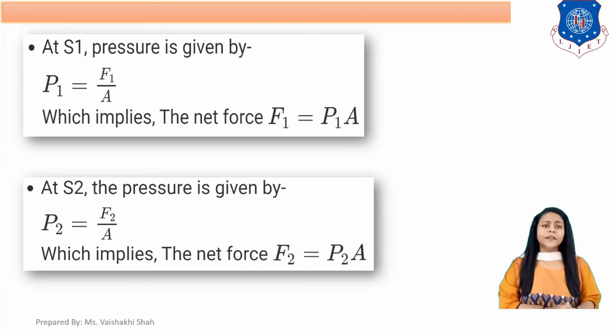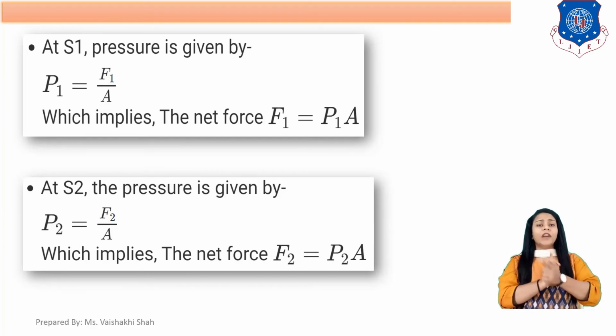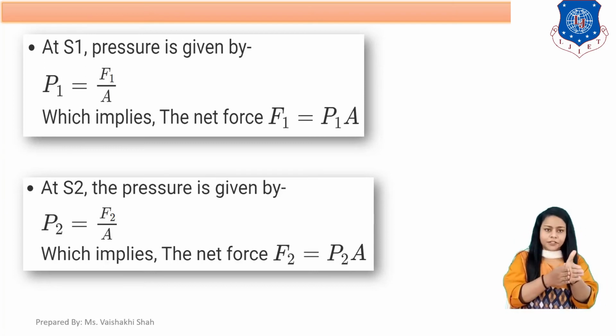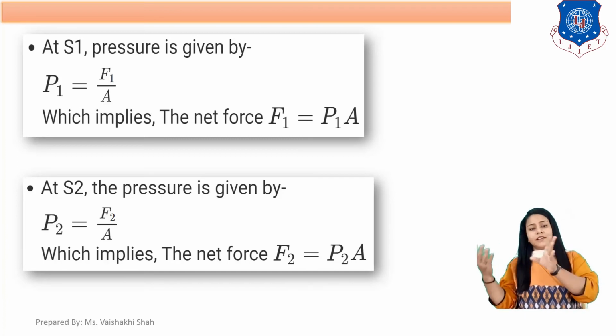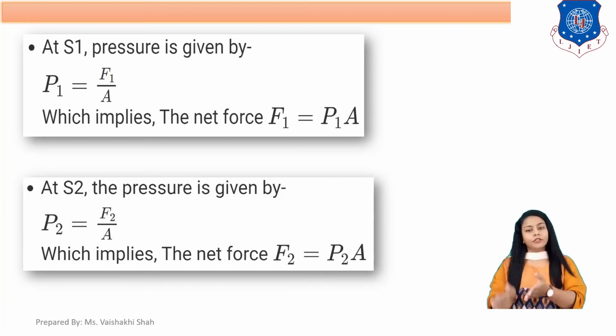Now, as we know, pressure equals force upon area. At section 1, pressure is given by P1 equals F1 upon A, where F1 is the force on section 1 and P1 is the pressure on section 1. Same for section 2: P2 is the pressure on section 2 and F2 is the force on section 2.